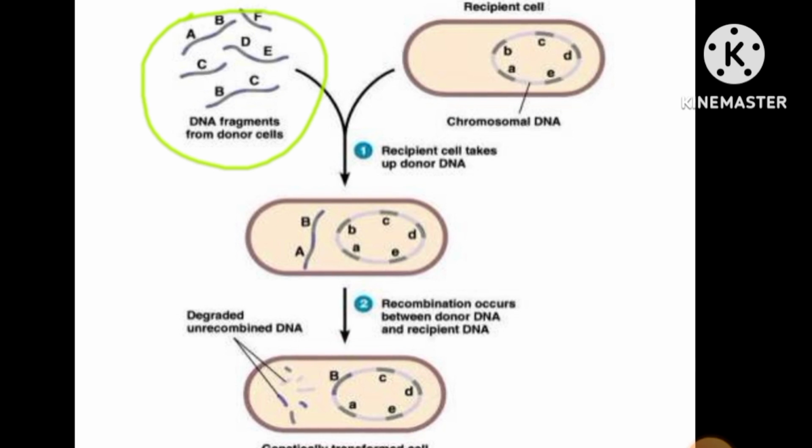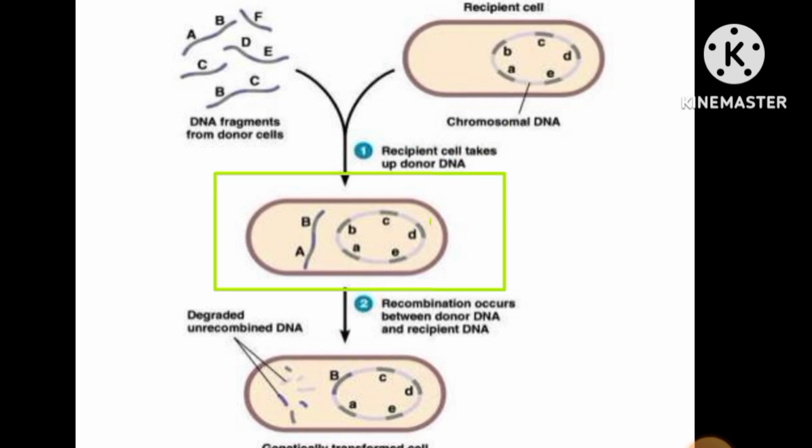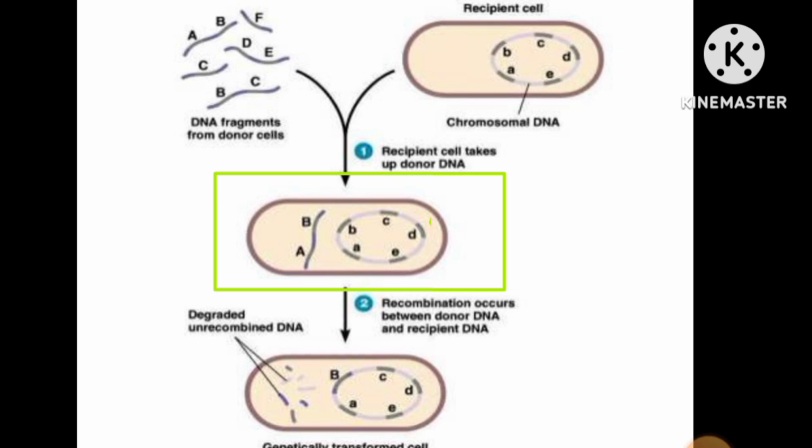These are all the DNA fragments of the donor cell, and here is the recipient cell, which is ready for recombination. Here the recombination occurs, but the fragment of the donor is not merged with the recipient. The ligation doesn't occur, and for that time period the cell is temporarily diploid, and this condition is known as the merozygote.